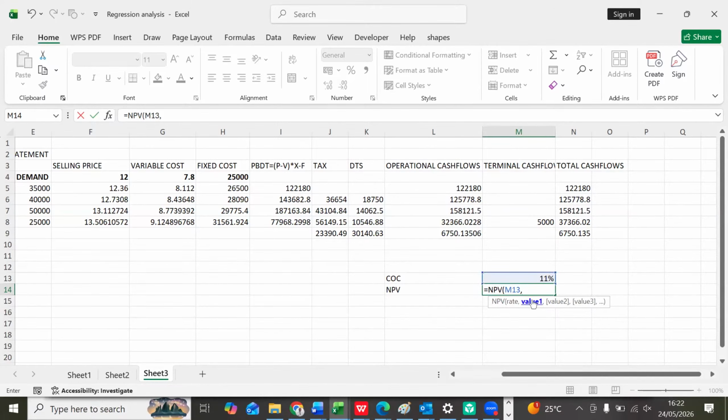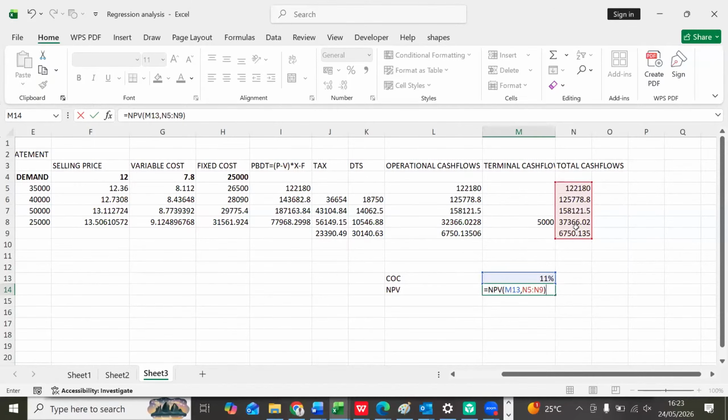And then you can see they want us to pick from value 1. We don't have value 0 here, which is normally cash flows for value 0. There is a mistake I've done, but we shall overcome. So you come to value 1, value 2, and you simply highlight all this, and then you close brackets.